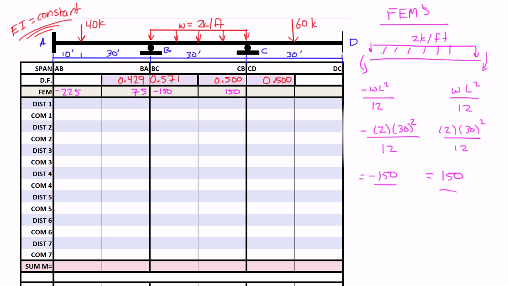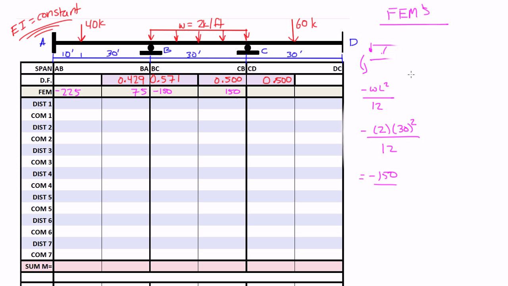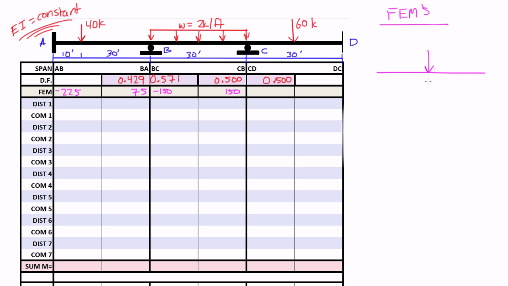Okay, so then we call out Mr. Eraser and erase all of this, and we look at the span CD. And CD has a point load right in the middle, so it's a little bit easier, and you have a negative on the left, positive on the right.